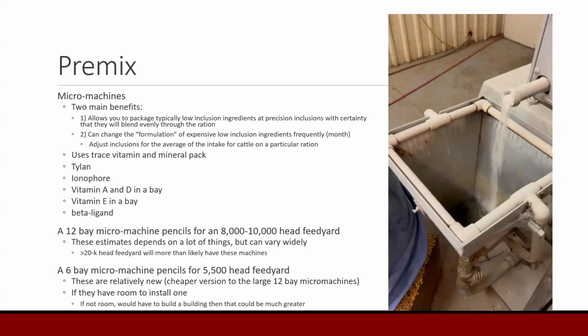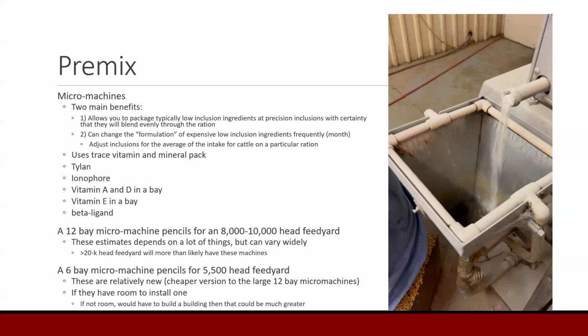In essence, you can add that liquid that has all the suspensions of the vitamin minerals that you want into the ration at a lower inclusion level, but since it's suspended in liquid, you have more confidence that it's going to be evenly distributed when it's mixed.